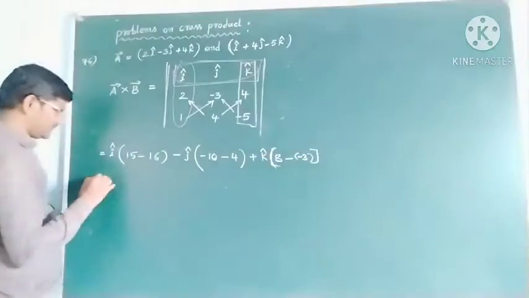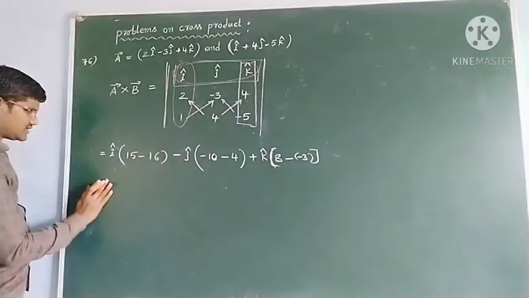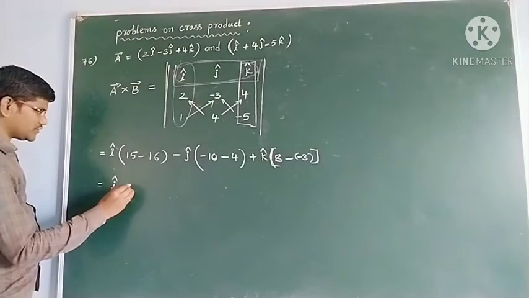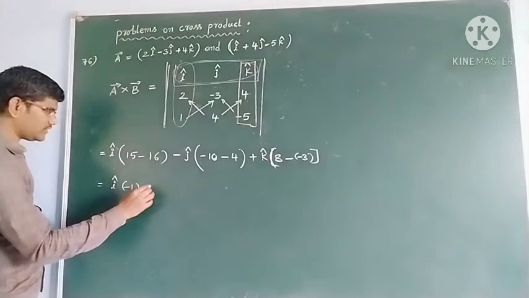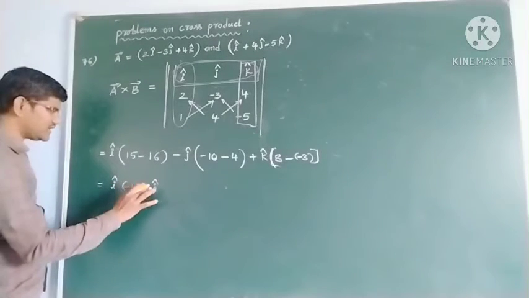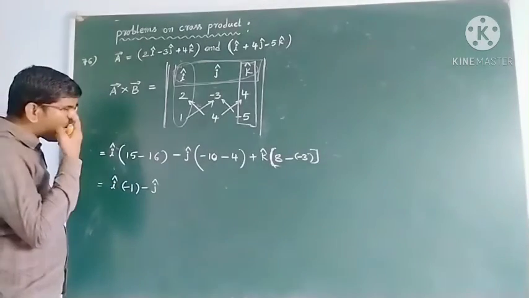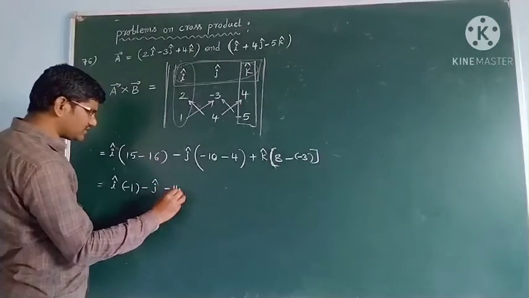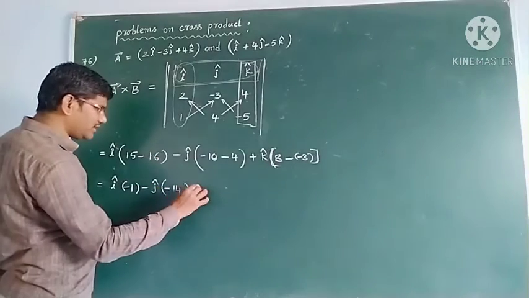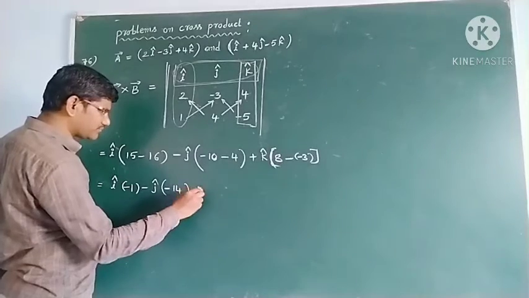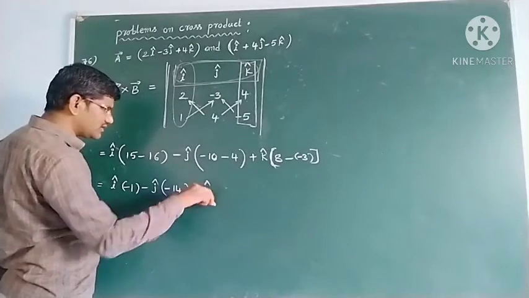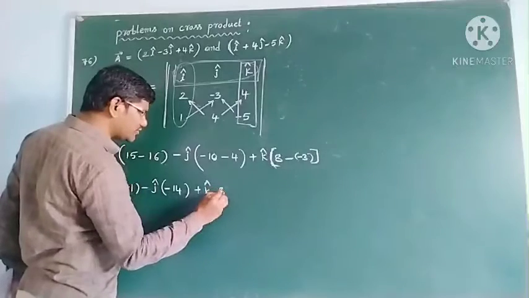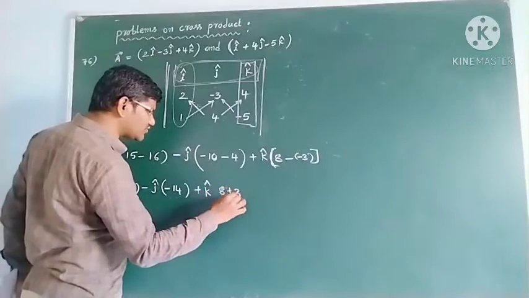Okay students, then how much will you get? See students, then you will get i cap into 15 minus 16, which is minus 1, and minus j cap into minus 10 minus 4, so minus 14, and plus k cap into minus of minus is plus, so 8 plus 3.